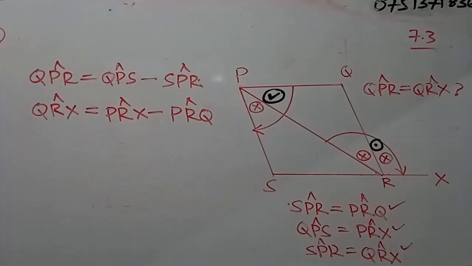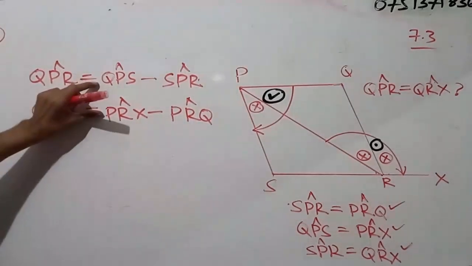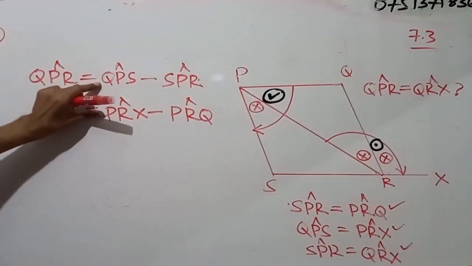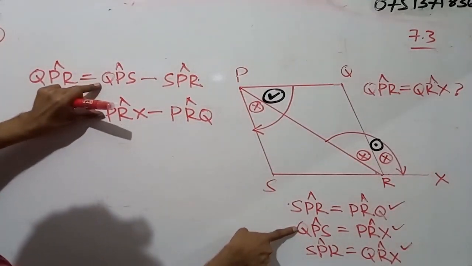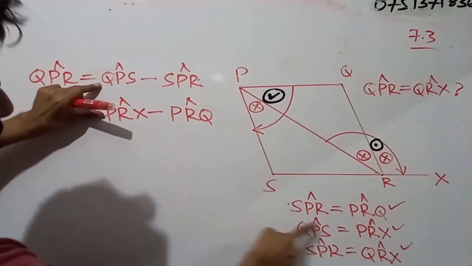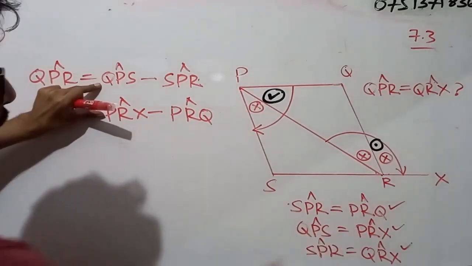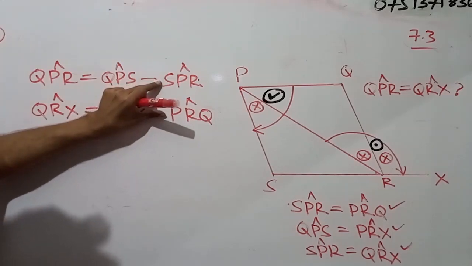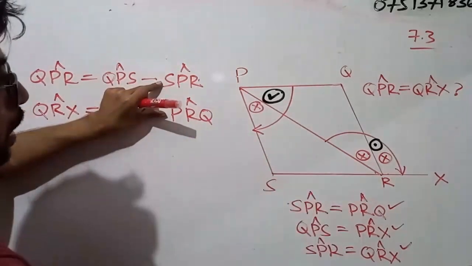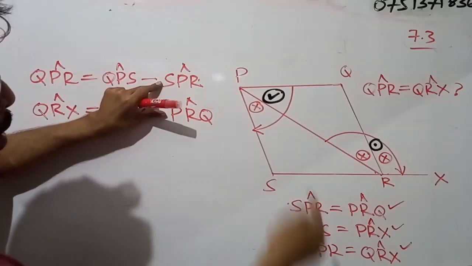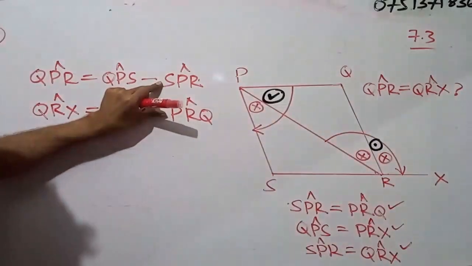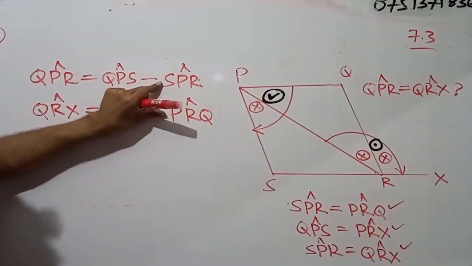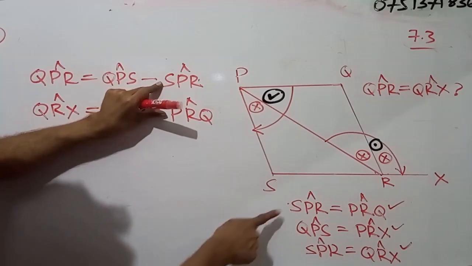Now these two angles, QPS and PRX, those two angles are equal. SPR and PRQ, those two angles are also equal.